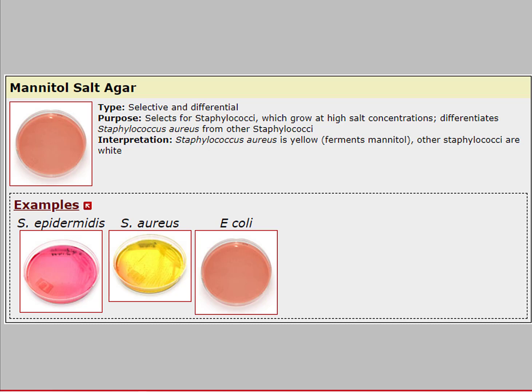So you can see this differential plate over here with Staph epidermidis does not turn the plate. The normal color is this kind of salmon color, and in this case the pH is going in the opposite direction. Breaking down a protein, it turns more alkaline, it may be reddish, where Staph aureus will turn bright yellow.